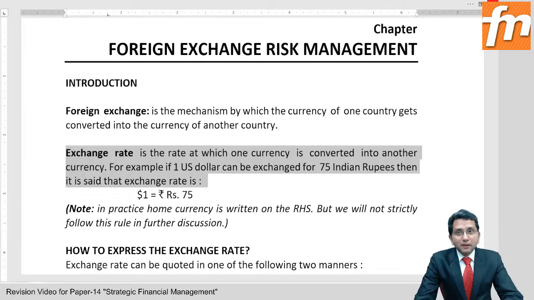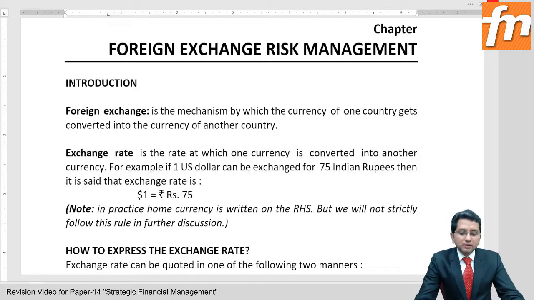But if I'm trying to get one currency by paying another currency, then the more suitable word is exchange rate. What is exchange rate? Exchange rate is the rate at which one currency can be converted into another currency. For example, $1 is equal to 75 rupees. That is the exchange rate.